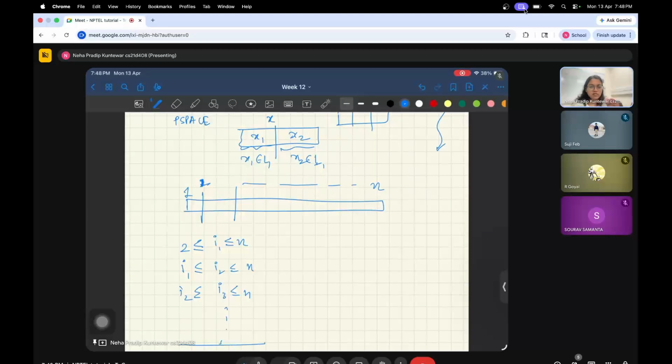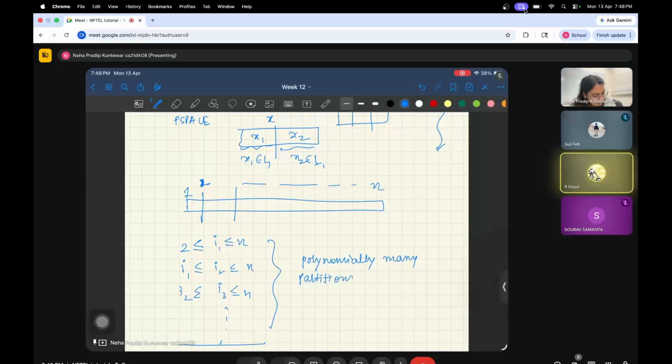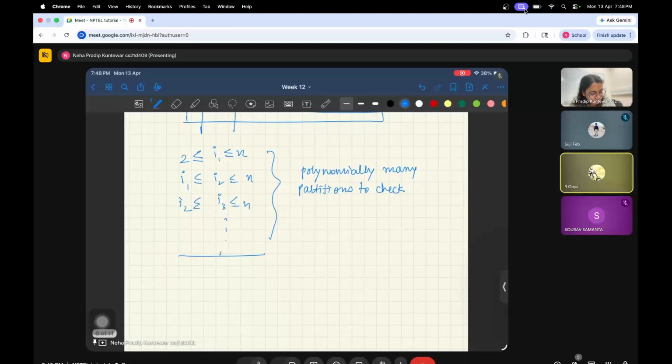So there are only polynomially many partitions to check. Moreover, the space can be reused, so we can try all possible combinations within the limited space. Let me write this for the sake of completeness. And each check is in PSPACE.